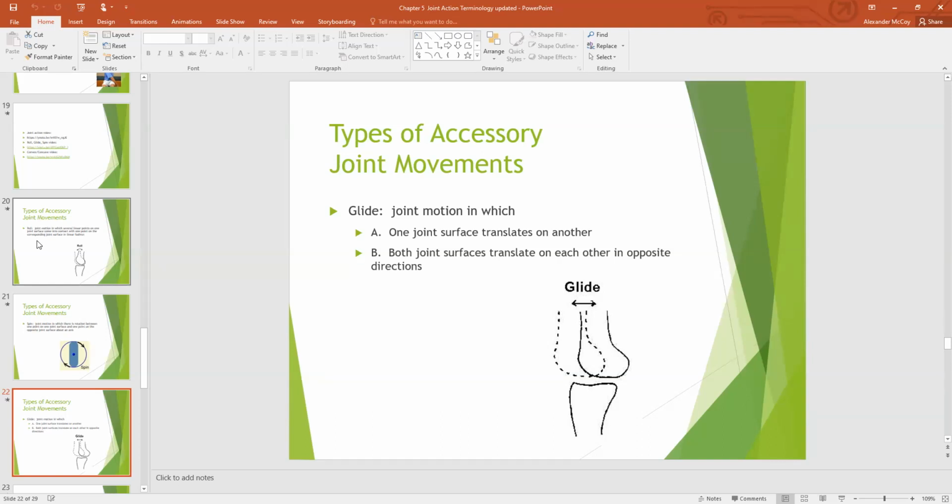Basically I grab their lower leg, stabilize the upper leg, and I translate that tibia towards me anteriorly. I glide that tibia towards me. That's kind of what this is. We'll talk more about that later. But this is happening again within that joint space. You get that glide, that translation between surfaces.